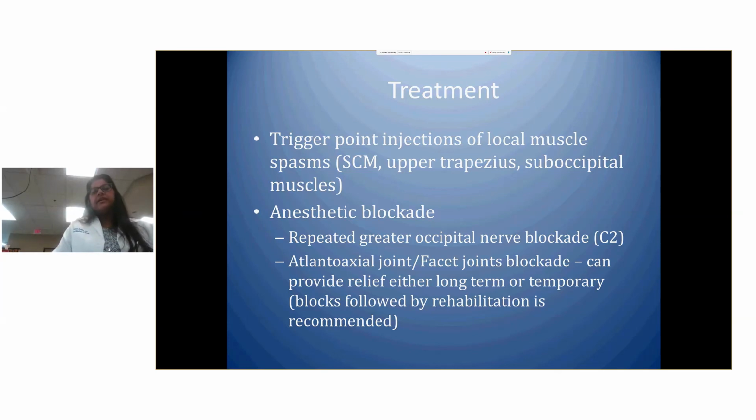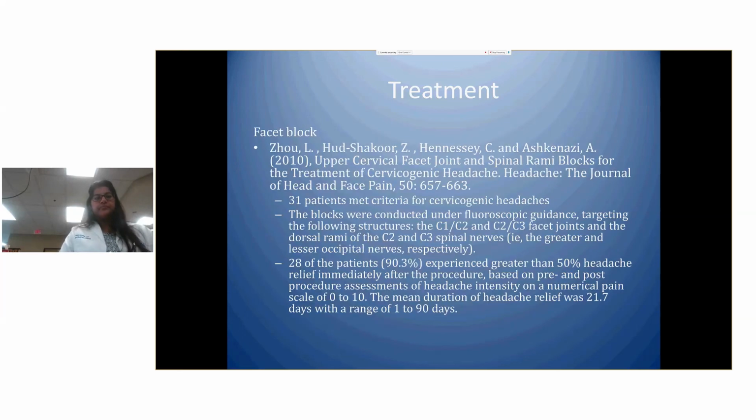Also, there is benefit from facet joint injections, which we talked about before. Rehabilitation and exercise as well as manual manipulation are helpful in conjunction following these blockades. So that's a key point, and may actually prolong the headache reduction frequency.